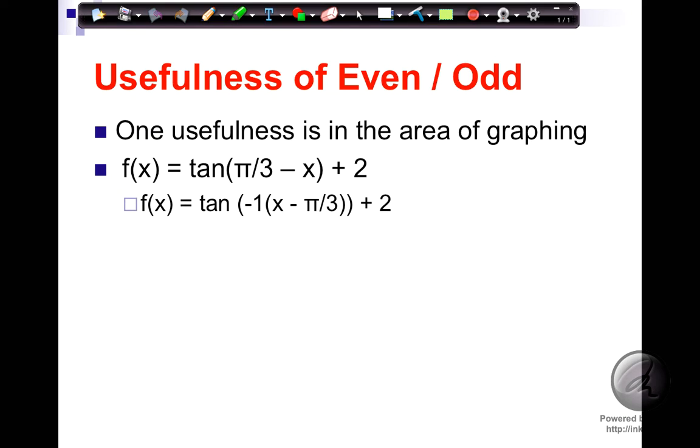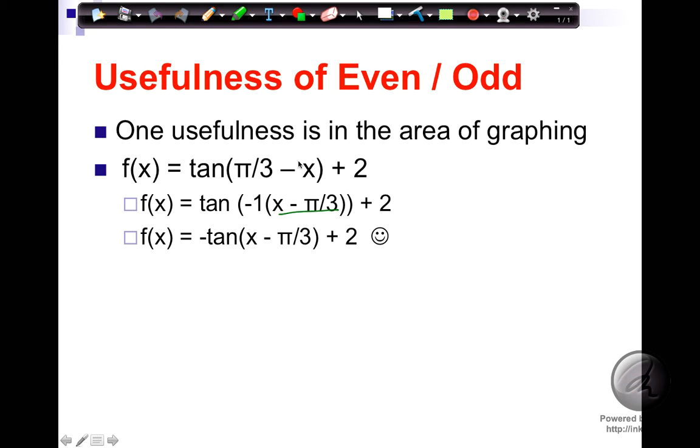But what we can do is factor out a negative 1 out of this inside piece, so we get the normal look of x minus pi thirds. But we know from the even and odd identities that the tangent of a negative something is equal to the negative tangent of that something.